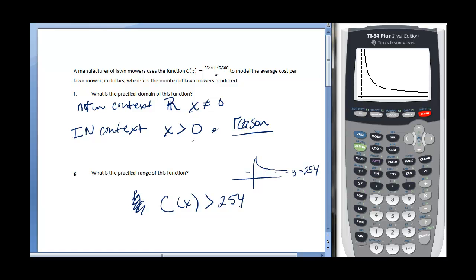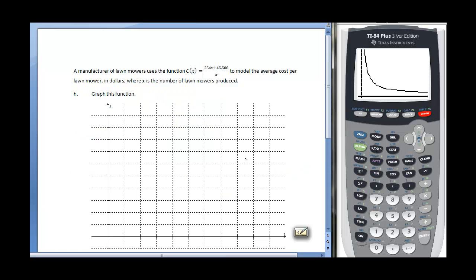Let's take a look at what this graph looks like now. To make the graph, sometimes I think the hardest thing is to set up your increments. What values am I going to put over here and down here? The first thing we need to figure out is what is my x value representing and what is my y value representing.